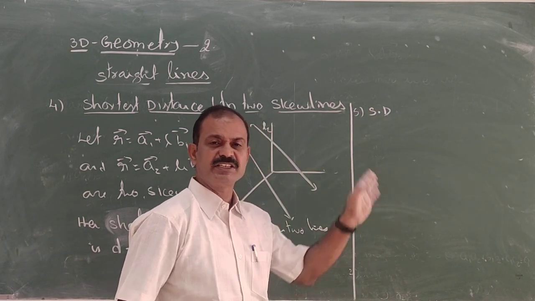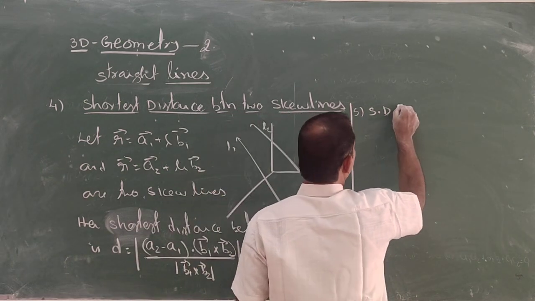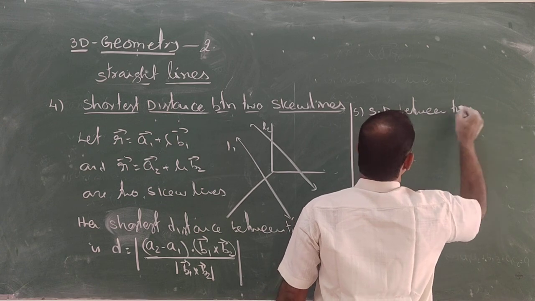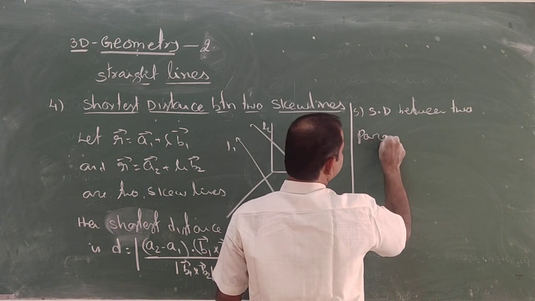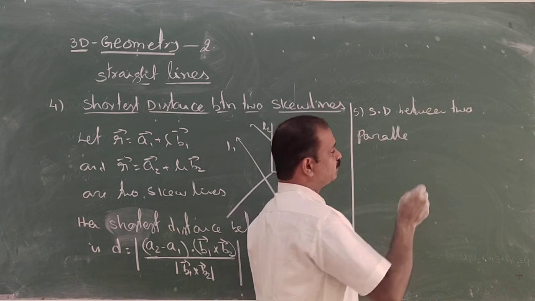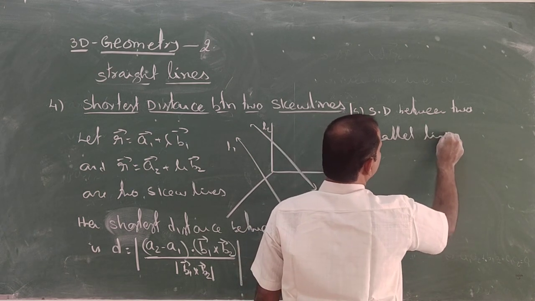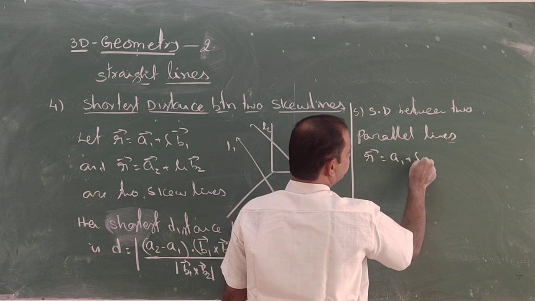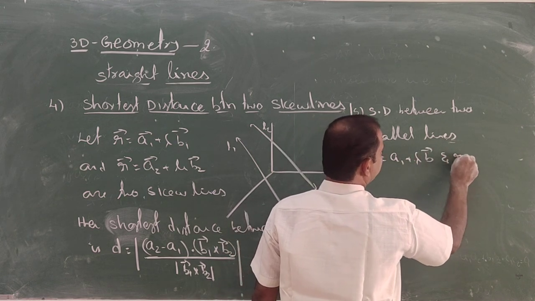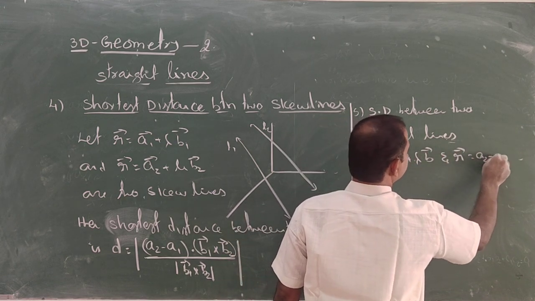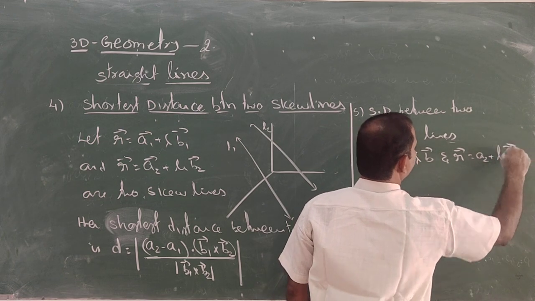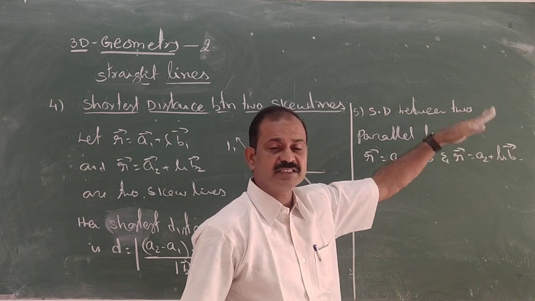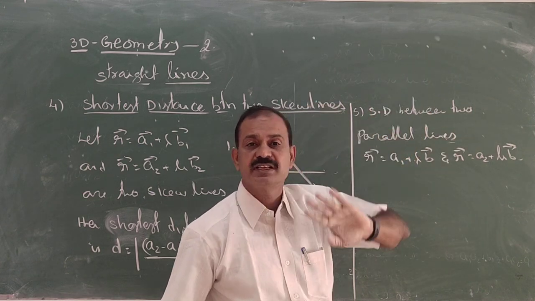Now the last concept, the fifth one, is the shortest distance between two parallel lines. Parallel lines means the parallel vector will be the same. Two parallel lines: r is equal to a1 plus lambda b and r is equal to a2 plus mu b. Whenever they are parallel lines, the parallel vectors must be the same.